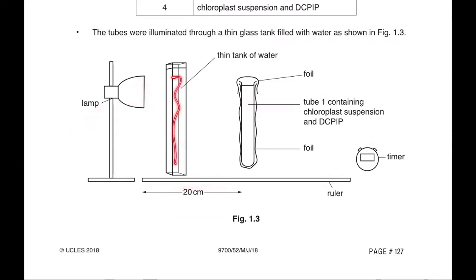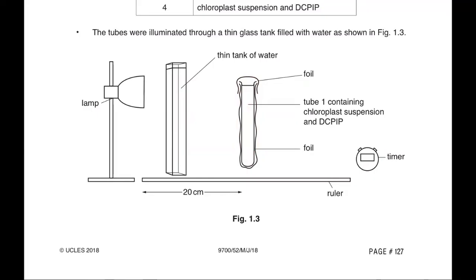You keep a thin tank of water, which helps in dissipating the heat. So all the heat is absorbed from the light in this water, and only the light energy reaches this tube, so the temperature is controlled. You keep the content of this tube covered in foil so that an external light source will not end up initiating the reaction, and you can control when the reaction begins.